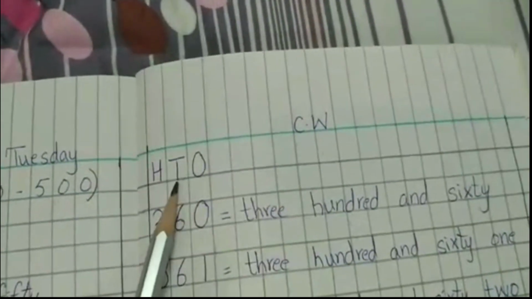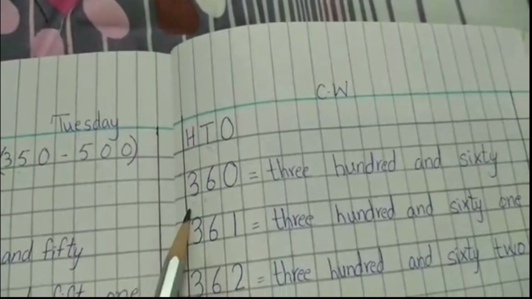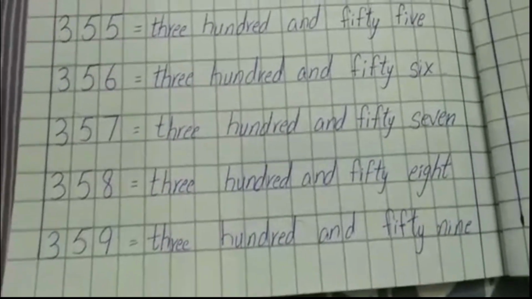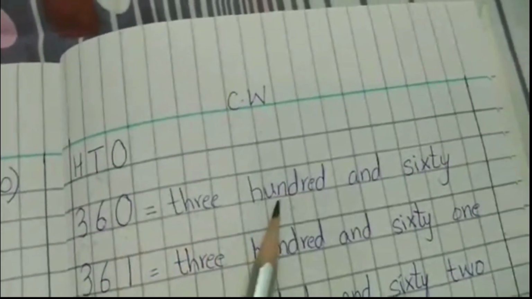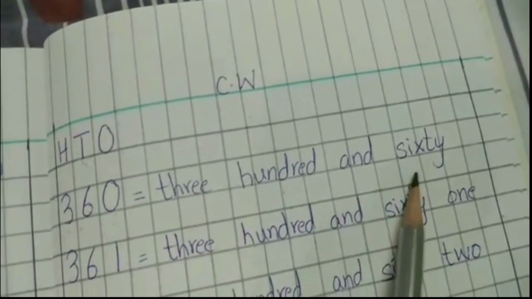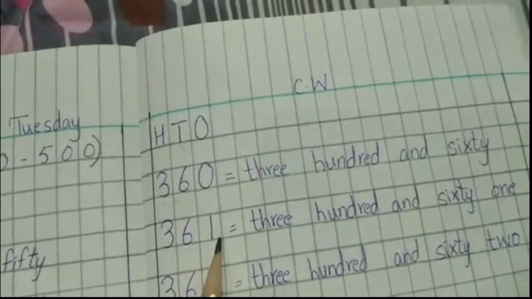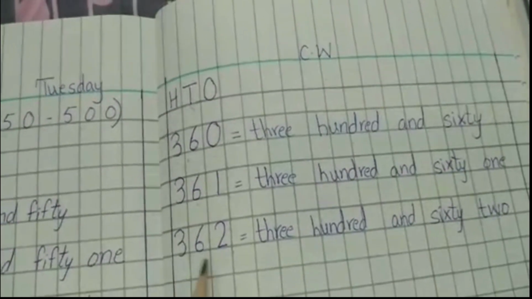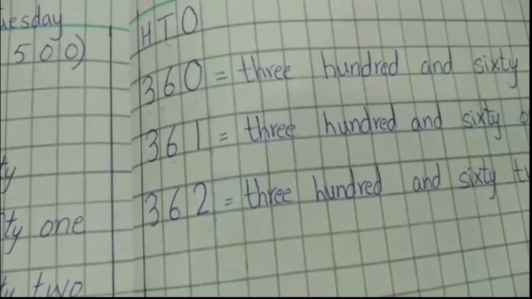You will write the place values, ones, tens and hundreds, and then you will write the next number that comes after 359, that is 360 equals to 360. Then 361. Then 362. I have written till 362.